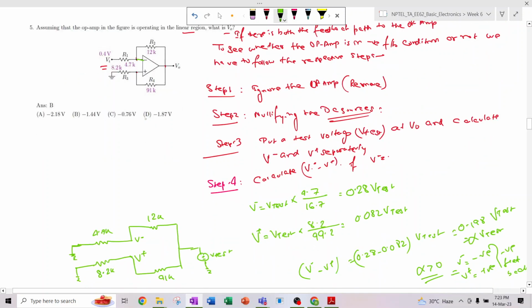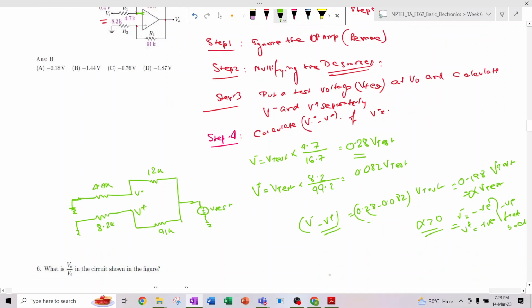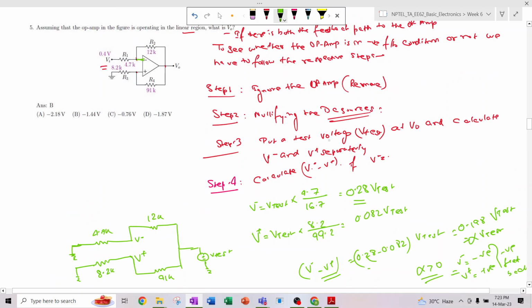So that means there is a negative feedback. Why? Because you have calculated that V minus is greater than V plus, so this terminal should be connected to the negative part of the op amp, and since V minus is connected to the negative part of the op amp, this whole amplifier is in negative feedback.